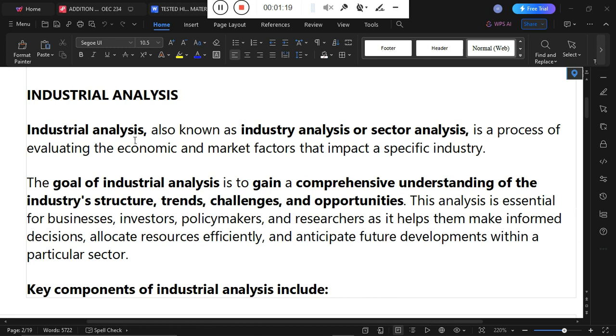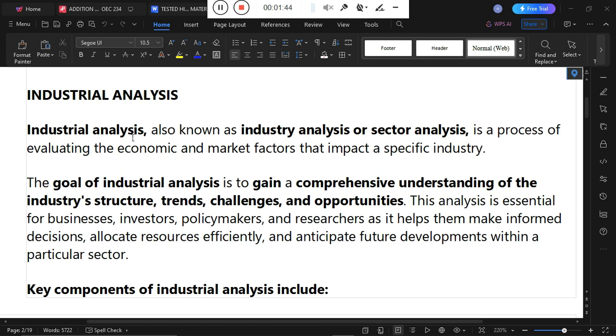The market factors may include all other factors that hinder the development of markets, or any other economic factor that hinders the progress of the industry or firms in the market system. So the goal of industrial analysis is to gain a comprehensive understanding of the industrial structure, the trends, challenges, and opportunities.